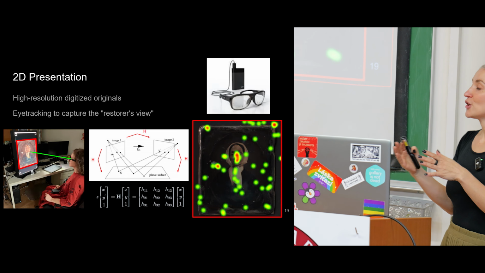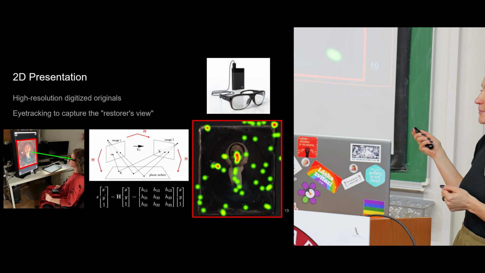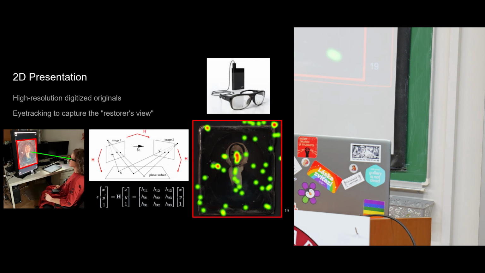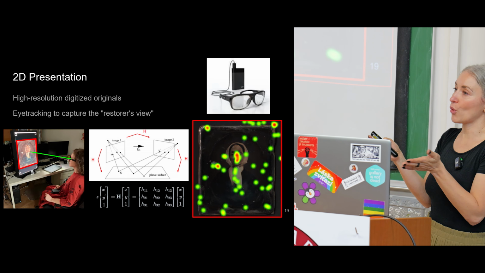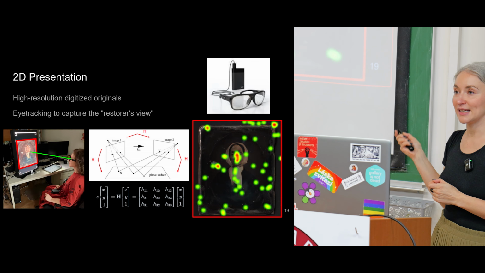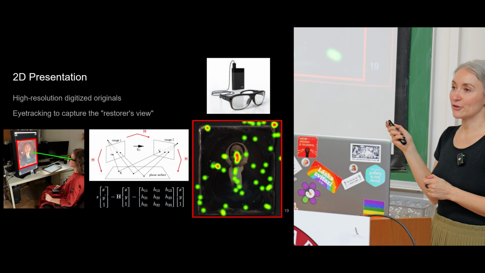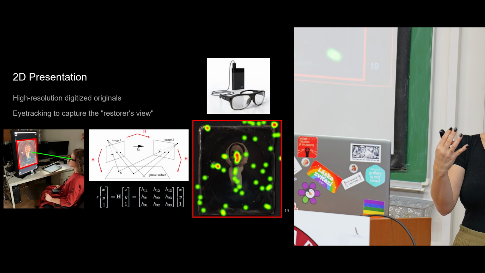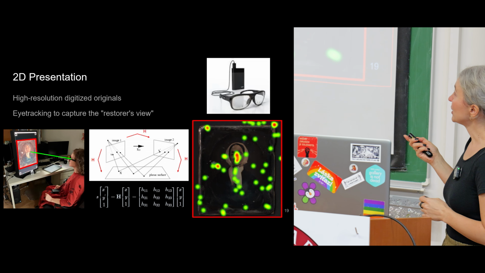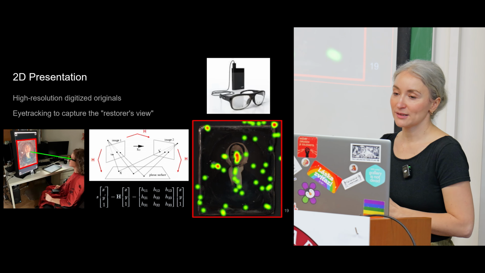So we wanted to show the audience what the restorers themselves are focusing on when looking for the first time at the original they want to restore. So we decided to create these kinds of saliency heat maps. In the areas where it is really red, it means that the restorer really focused on that part of the image. And we decided to use eye tracking using Tobii glasses.